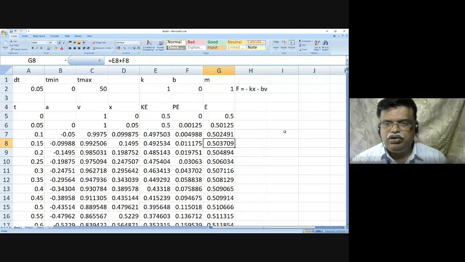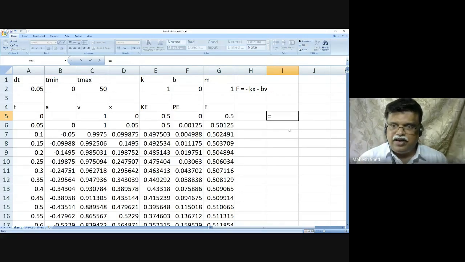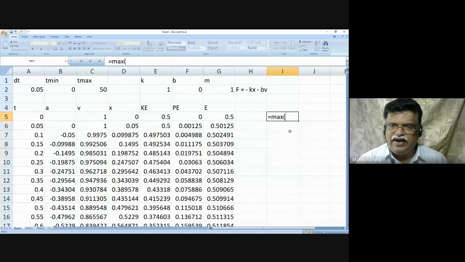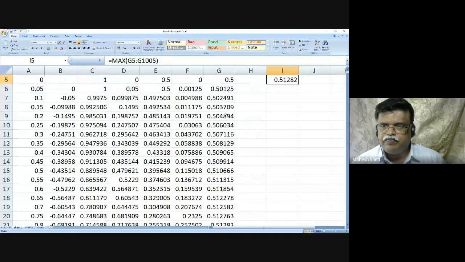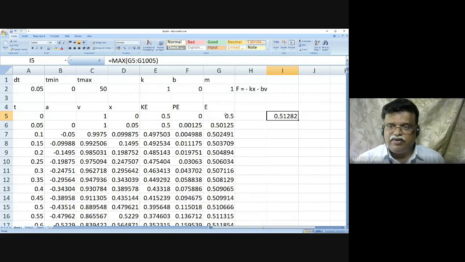You can also find out what was the maximum value of E. I can just write and find out the max of this, and I know that it has increased: instead of 0.5 it is 0.512. Now what is this 0.512? If I double it, it is 1.024, which means I'm introducing an error of about 2.4%, 2.5%.